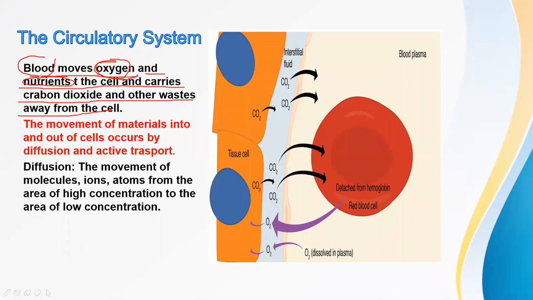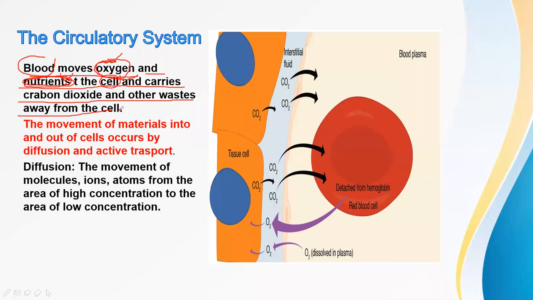These simple nutrients and oxygen will be carried by the blood to the cell. Then the cell uses both oxygen and nutrients and releases carbon dioxide and some waste. These wastes and carbon dioxide will go back to our lungs.